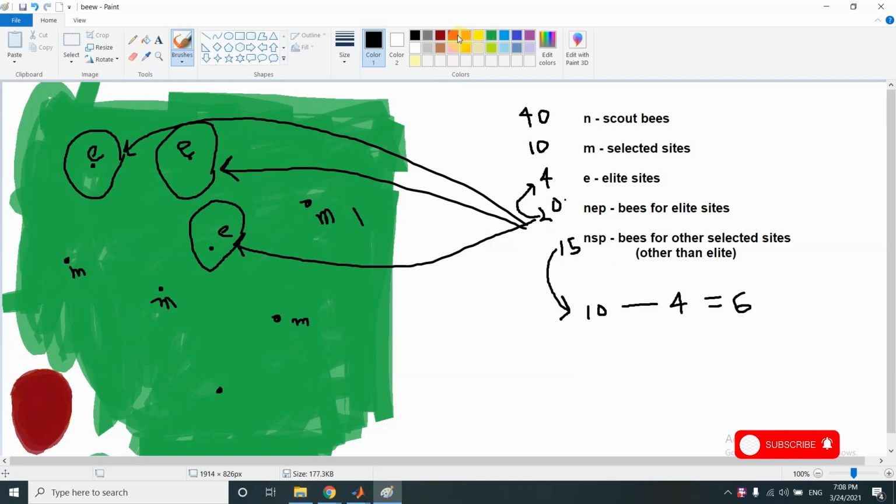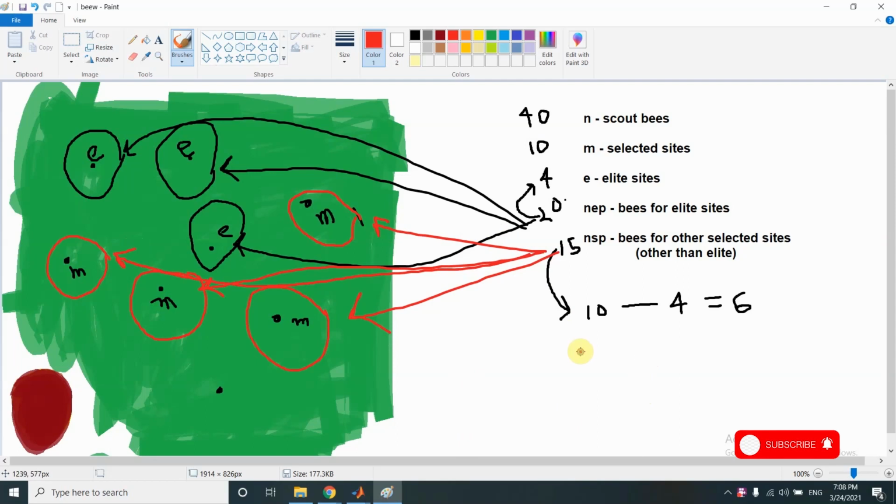Let's use a different color for this. These M sites, they will be sent to the sites which did not qualify as elite, but were good enough to be selected.